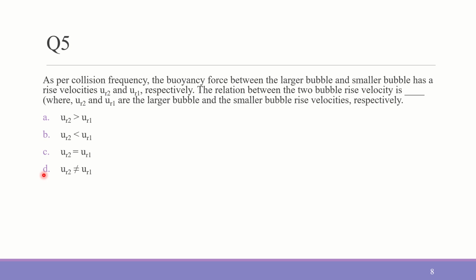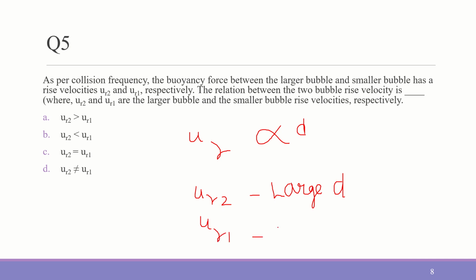Why? Because if you check the formula in accordance with the collision frequency model, you will find that ur is proportional to diameter of bubble. ur2 is for large diameter and ur1 is for small diameter.